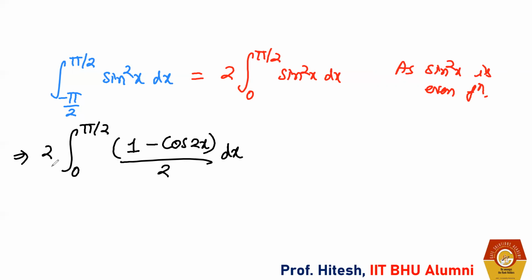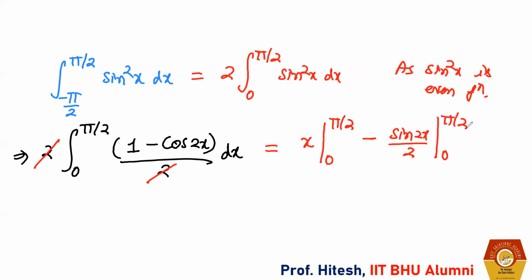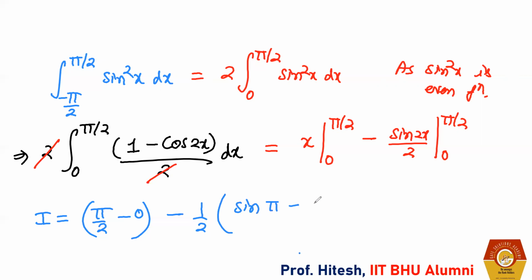Okay, so 2 and 2 cancel. The integration of 1 is x, limit 0 to pi upon 2, minus the integration of cos 2x, sin 2x upon 2, 0 to pi upon 2. So I is equal to pi by 2 minus 0 minus 1 upon 2 and sin 2 into pi by 2, meaning sin pi minus sin 0, both are 0. So answer is pi upon 2.